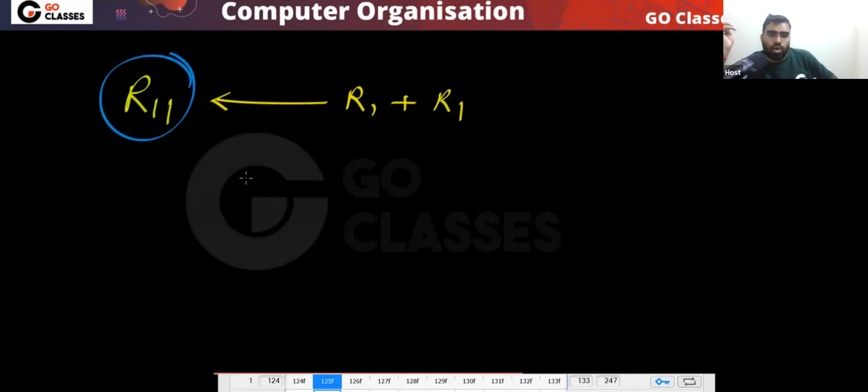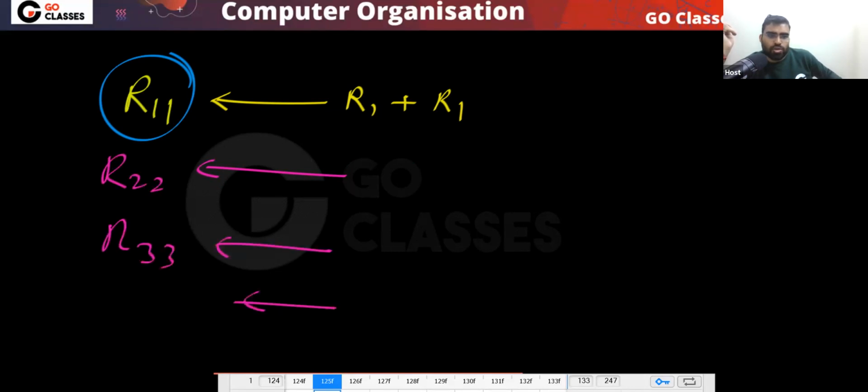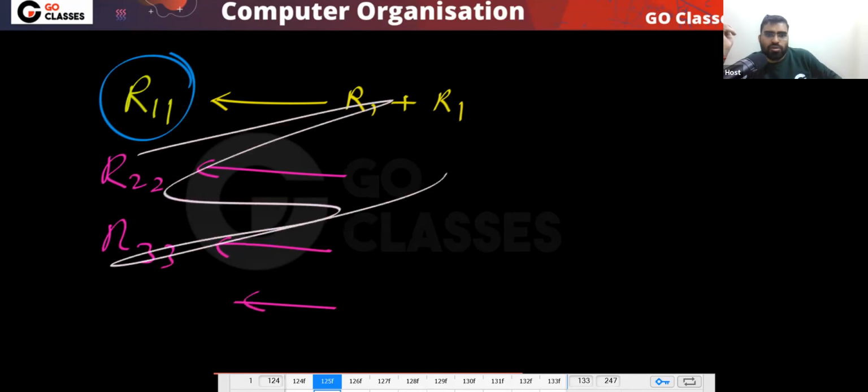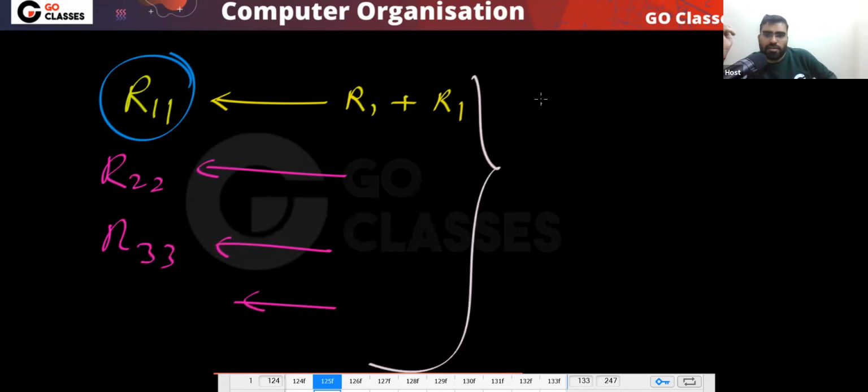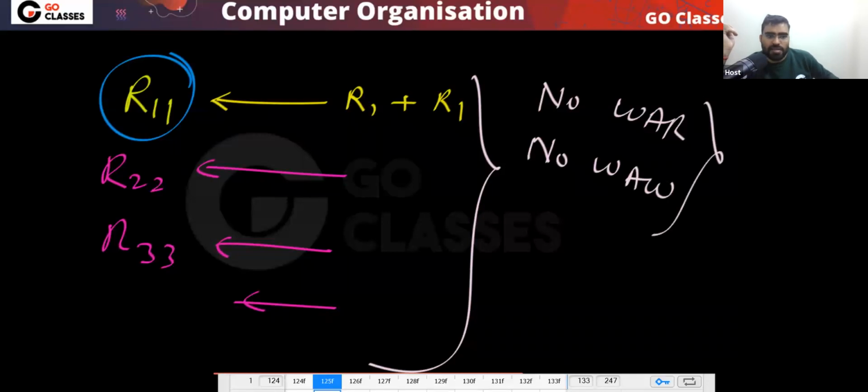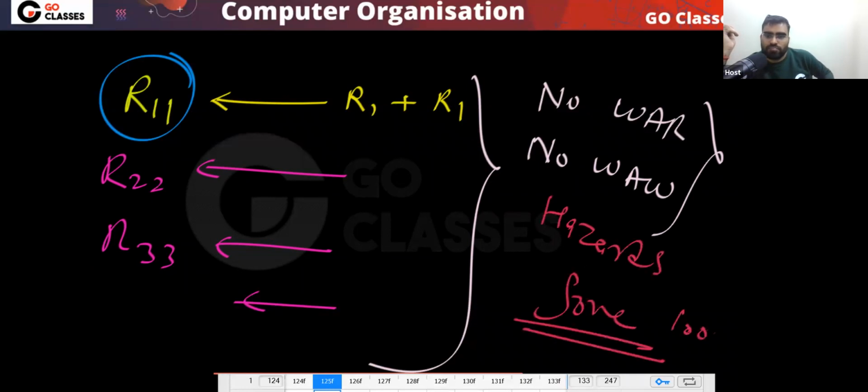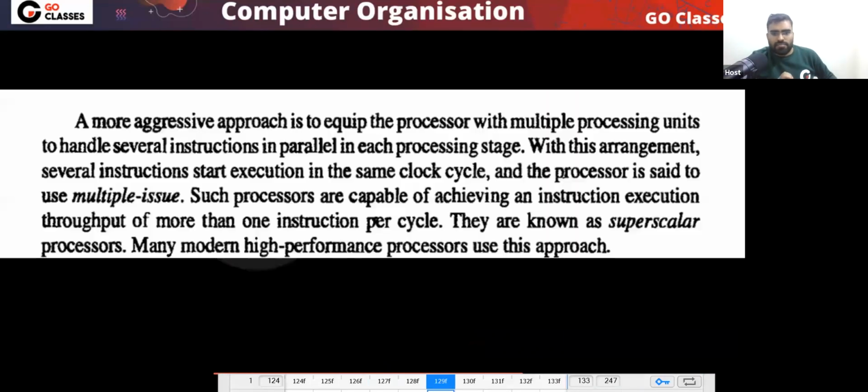If you do it like this, then there is no WAR, and there are no WAW dependent hazards. These hazards are gone using the renaming technique. That's it.